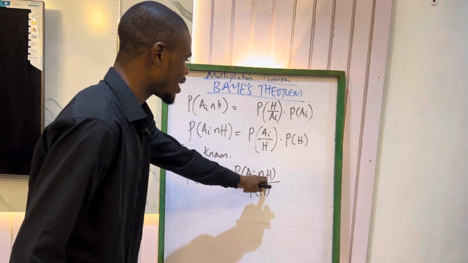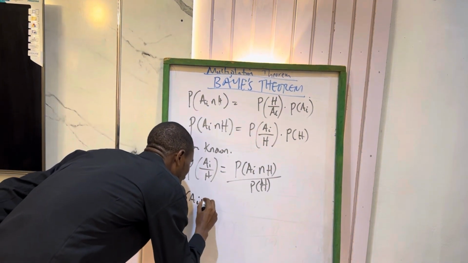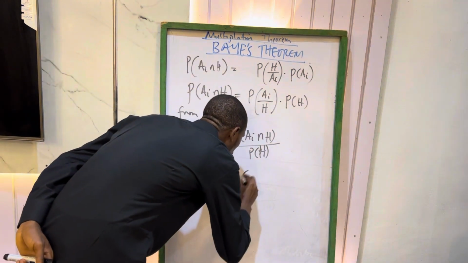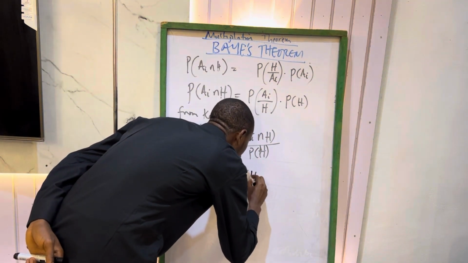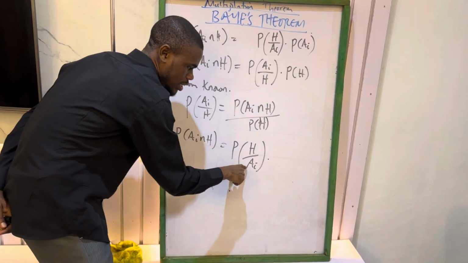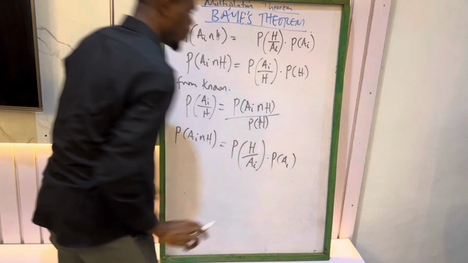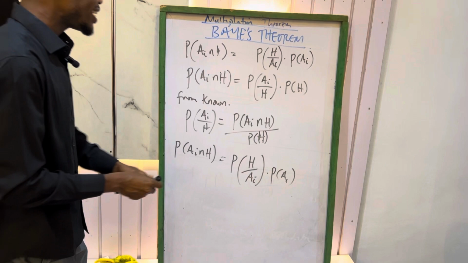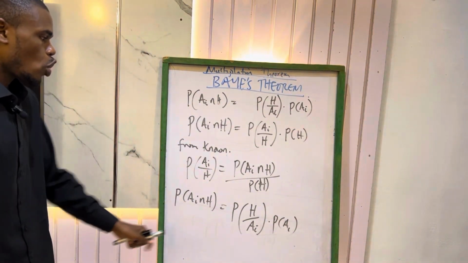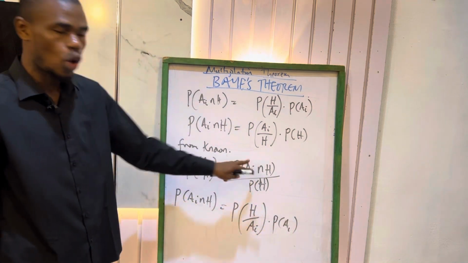So P(Ai ∩ H), the one at the top, will give you P(H | Ai) times what follows next, which is the probability of the one at the denominator, P(Ai). This is equal to the joint probability.